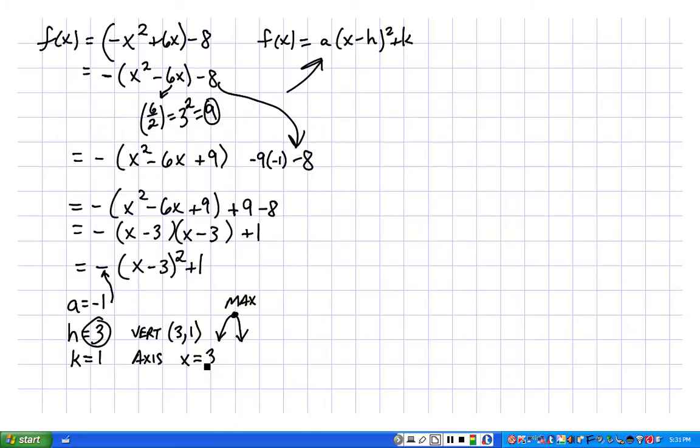Now, a couple other things we can find. We can find our x-intercepts. So we go back to our initial problem.